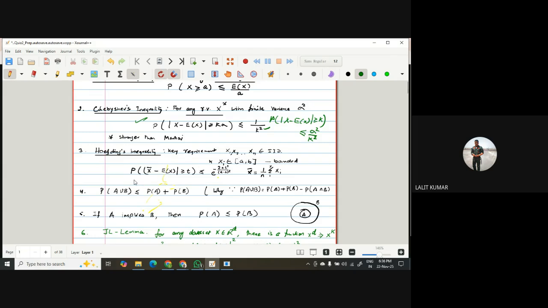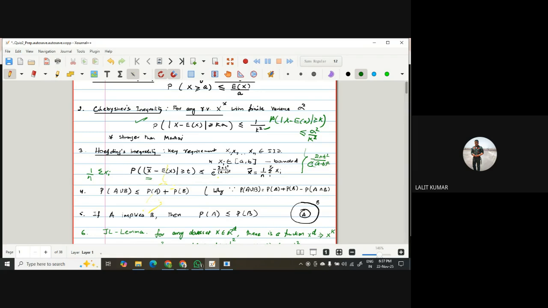In that case, the probability of X bar, where X bar is 1 by n summation of Xi, minus expectation of X, greater than or equal to t is always less than or equal to e to the power minus 2nt square divided by (a minus b) square. In one of the GAs, I think there was a question on the coin toss. In the coin toss, it becomes 1 and 0. And we have to remember this formula, e to the power minus 2nt square divided by (a minus b) square.